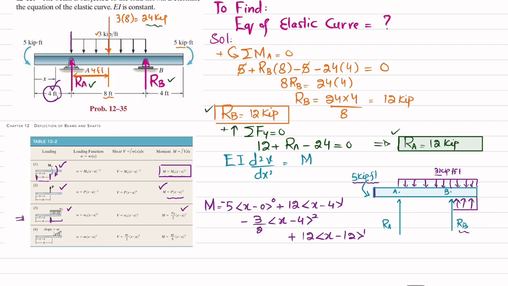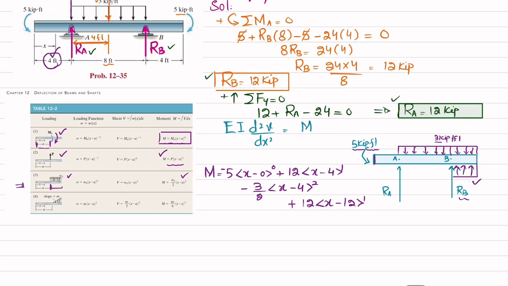And the last thing is this uniformly distributed load, which acts downward. So it will be plus W naught is 3. So 3 over 2 into x minus 12, because for this load this distance is the A, and that is equal to 12 feet. So this is your moment equation.